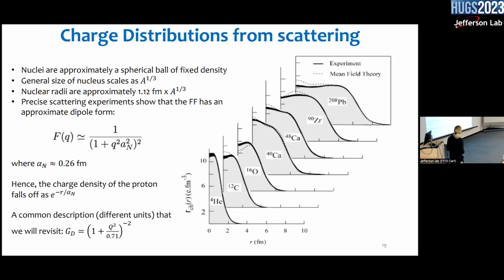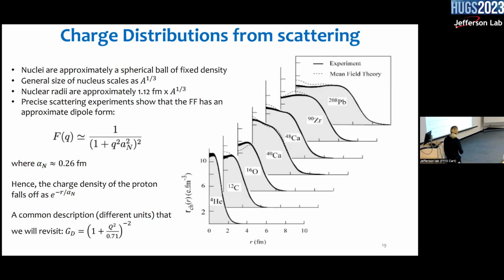And so we've shown through scattering experiments that the form factor has an approximate dipole form. You can see it as the one up here, which is sort of the approximation that we've worked through to get here. But you can also, we'll come back, maybe some of you are more familiar with the form factor G_D, 1 plus Q squared over 0.71.